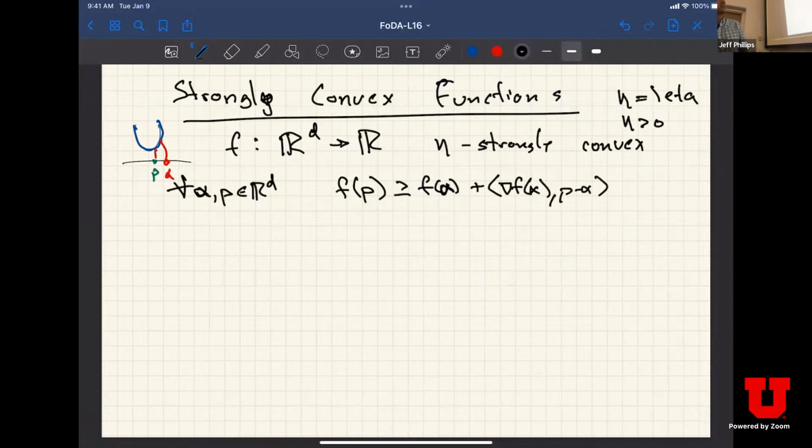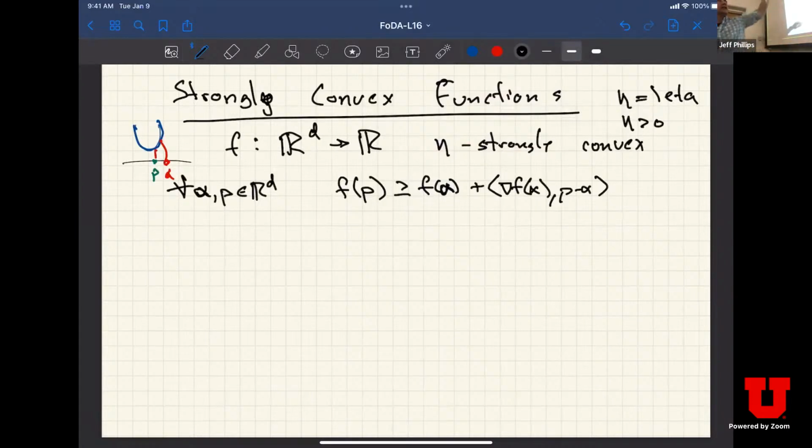What this is doing, the dotting with P minus alpha, is basically reducing it to a one-dimensional problem. This d-dimensional function we need to be concerned with, but we're dotting with a vector in the plane that has P and alpha in it. So the x-axis in that picture is d-dimensional, but we're essentially taking the directional derivative in the direction of P minus alpha.